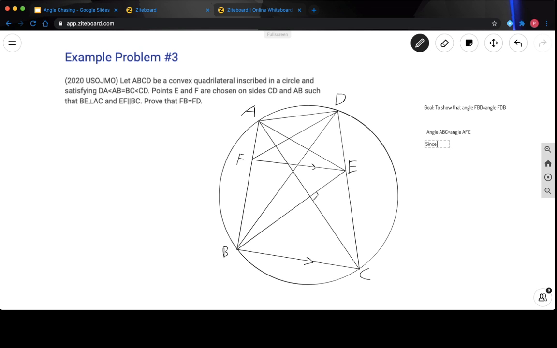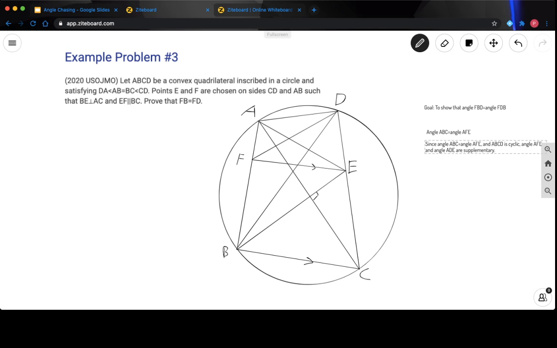So since angle ABC equals angle AFE and ABCD is cyclic, angle AFE and angle ADE are supplementary.